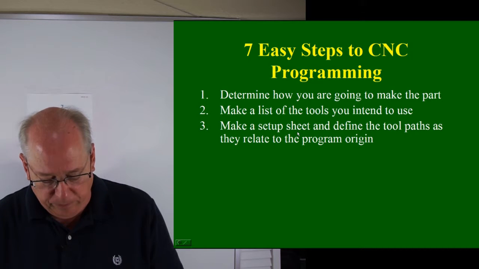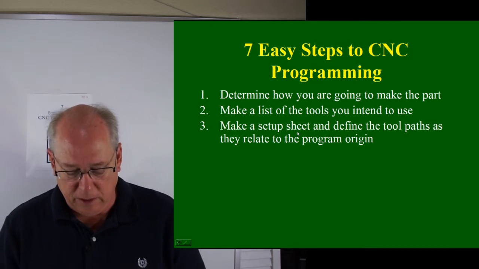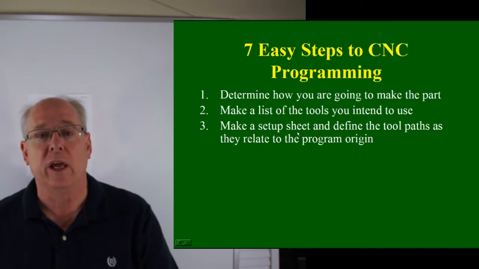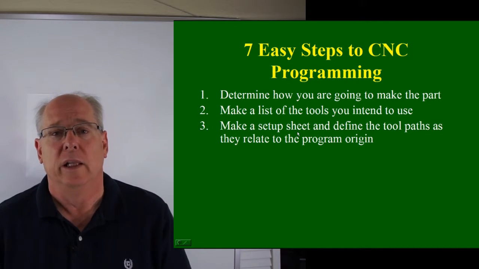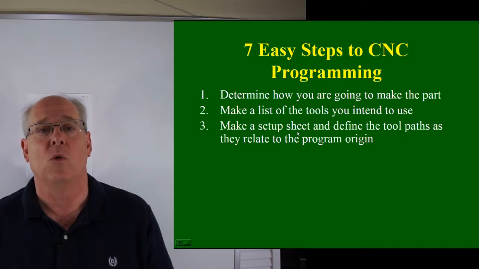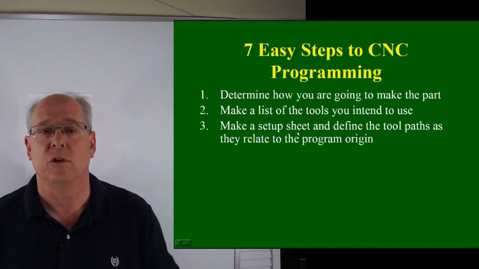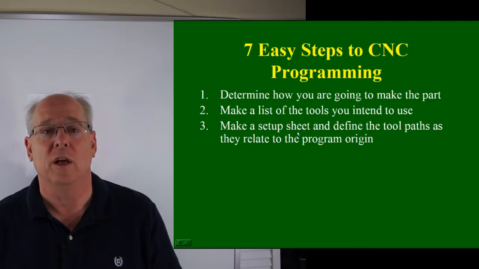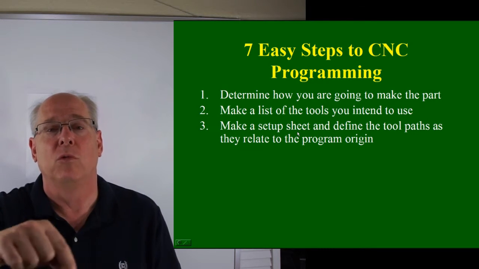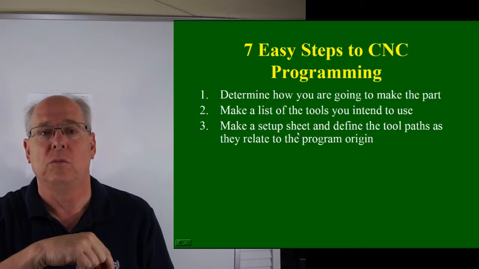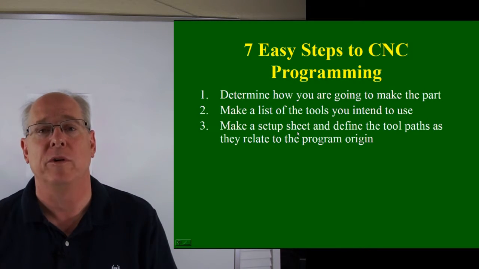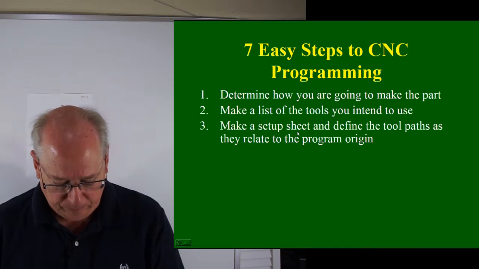And step 3, you make a setup sheet and you define the tool or cutter paths as they relate to a program origin. Now when we start talking about rectangular coordinates and Cartesian coordinates, you'll know that there's a part origin. So then you make a setup sheet, and that setup sheet will reflect each one of the tool points where the tool moves, changes direction, does a rapid travel, or whatever.